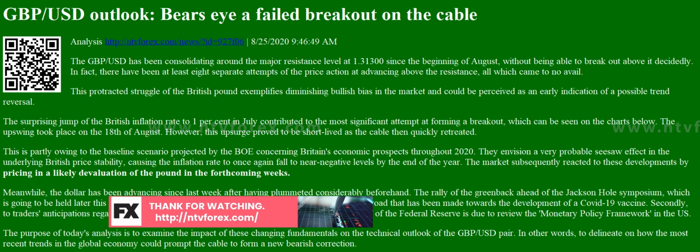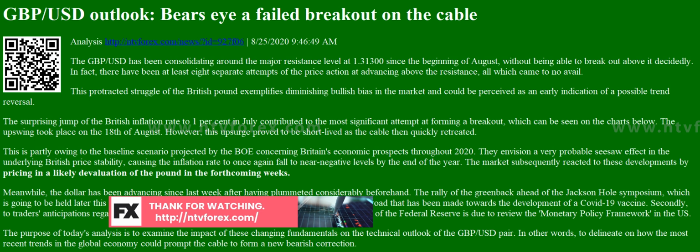This is partly owing to the baseline scenario projected by the BoE concerning Britain's economic prospects throughout 2020. They envision a very probable seesaw effect in the underlying British price stability, causing the inflation rate to once again fall to near negative levels by the end of the year. The market subsequently reacted to these developments by pricing in a likely devaluation of the pound in the forthcoming weeks.